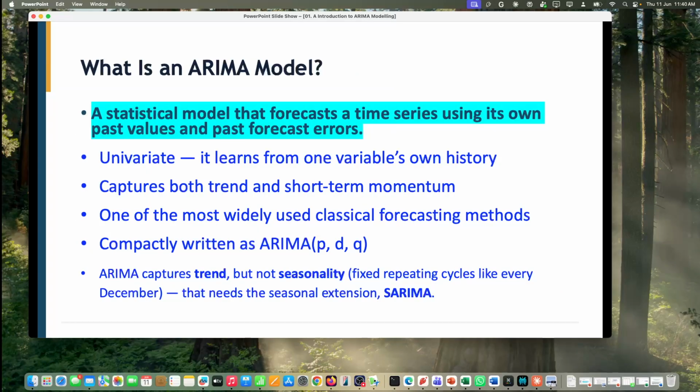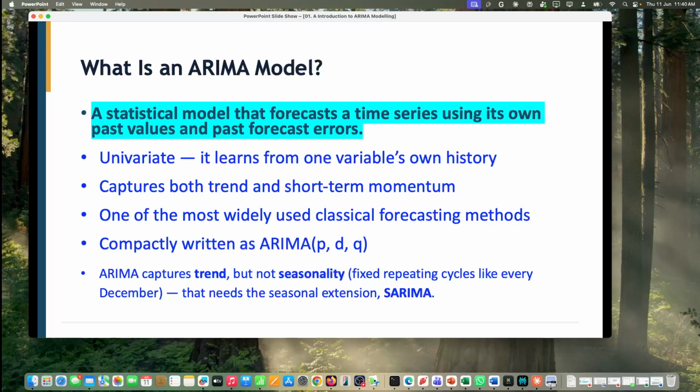So what is an ARIMA model? Basically, it's a statistical model that forecasts a time series using past values and past forecast errors. It is univariate, it learns from its own variable's history from the past.